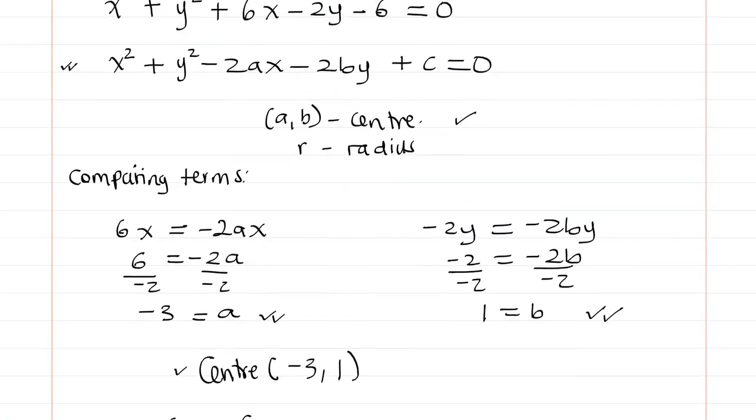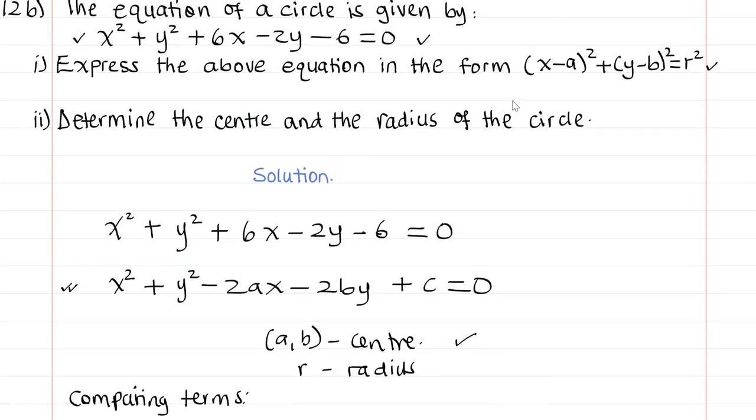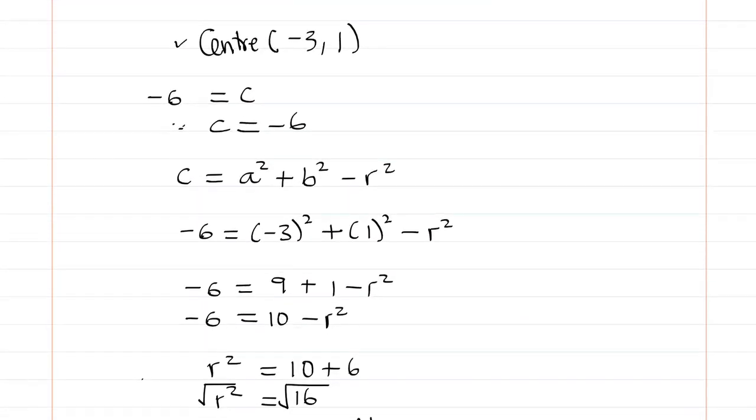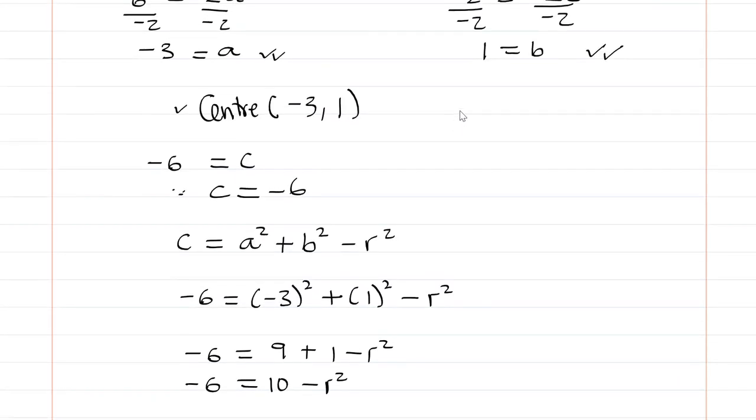So we are supposed to now express it in the stated form, which is the factorized form. Substitute for A, B, and R. So to express it in the stated format, the stated format should be x minus a squared plus y minus b squared equals to r squared.